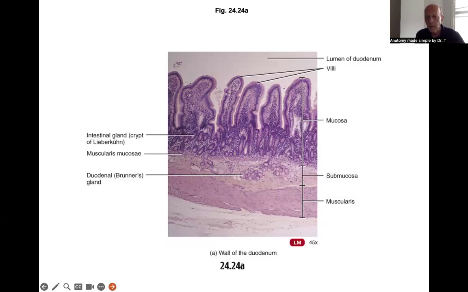This is a 45 times magnification picture of what mucous membrane and other associated submucosa and muscularis layer of the gut would look like. So very good indicator that previous slide actually quite accurately reflected what's happening inside the gut.